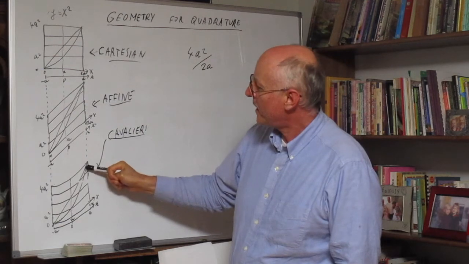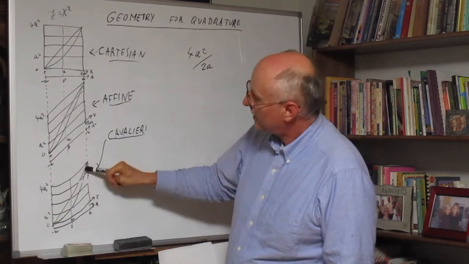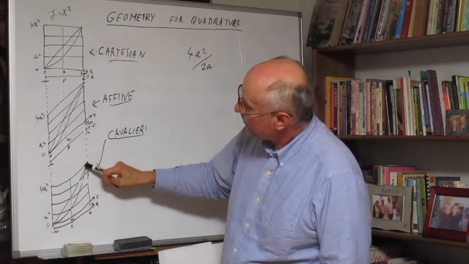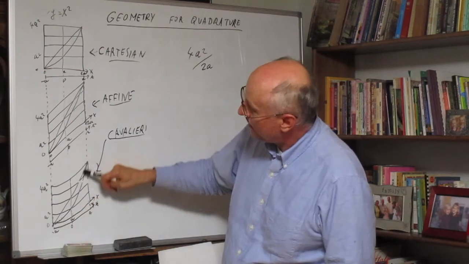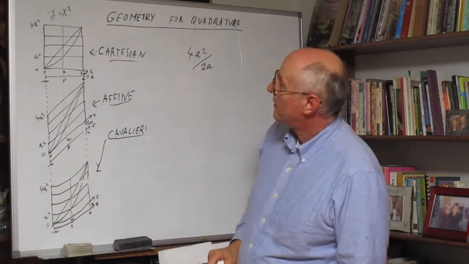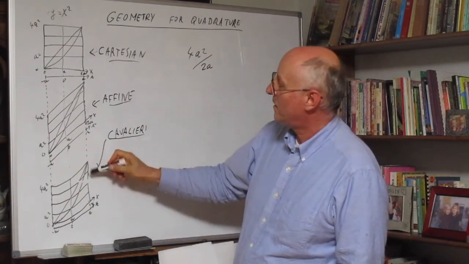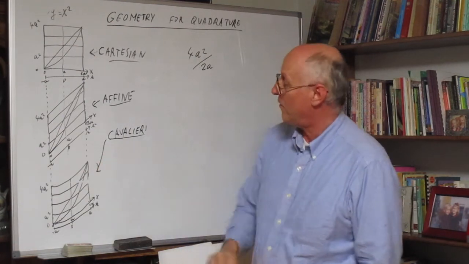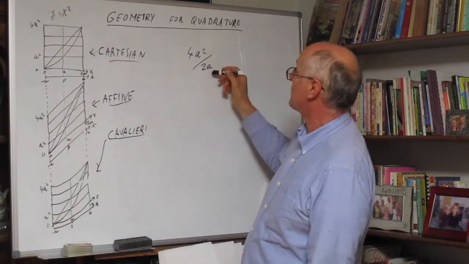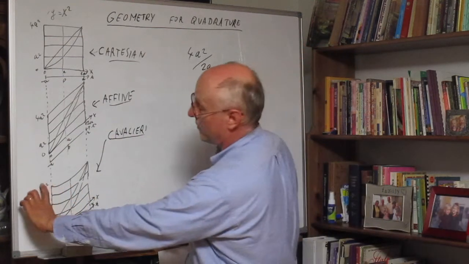So, okay. So here, definitely to us it looks curved, but to the amoeba, it's as straight as an arrow because it's 4a squared over 2a. That's its slope.